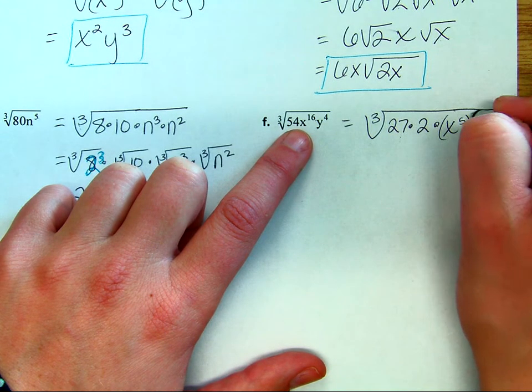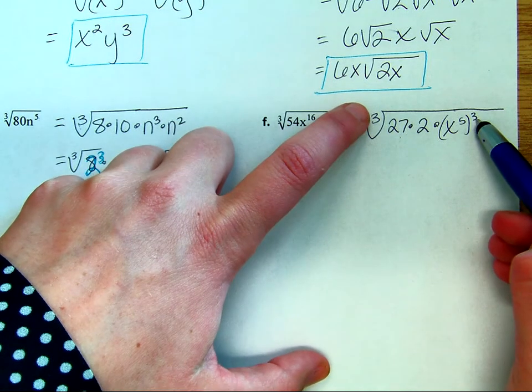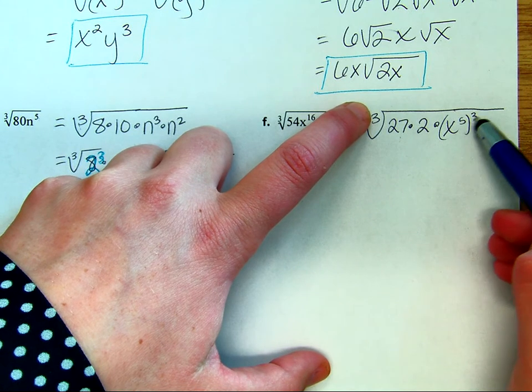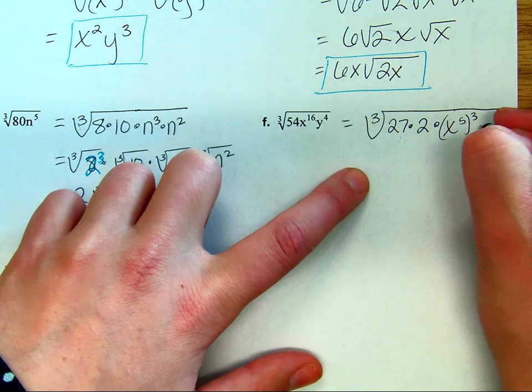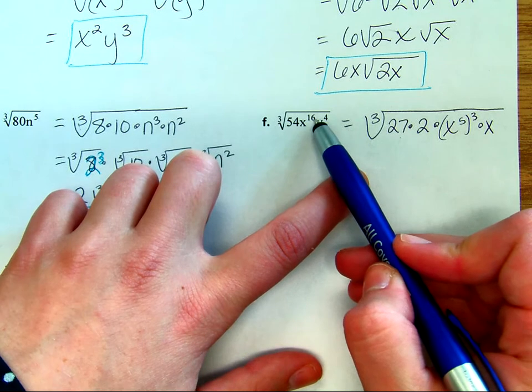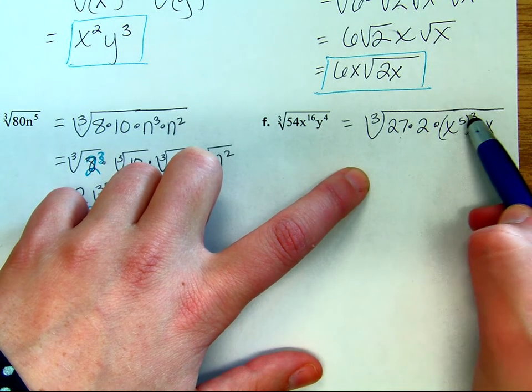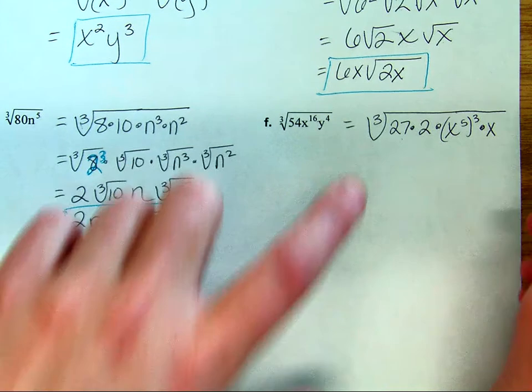Again, I want to write something raised to the 3rd power so that these two operations undo each other. So that gets me to x to the 15th, and then I've still got 1 left over because I want x to the 16th. So if I just multiply that by x, that'll be x to the 15th times x to the 1st. That's x to the 16th, which is what I started with.